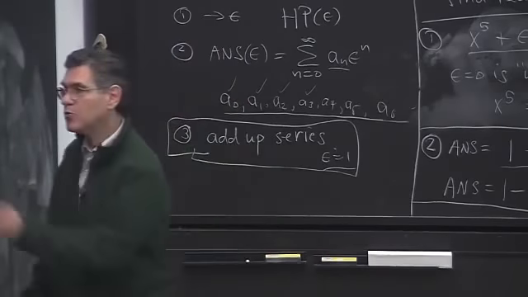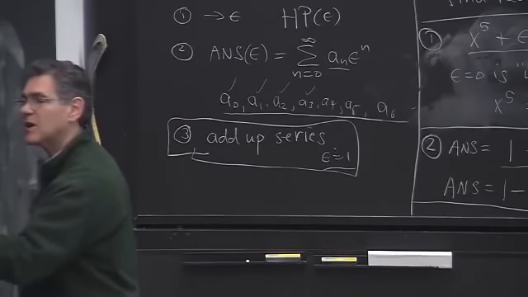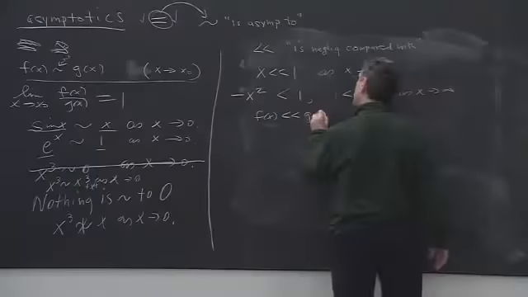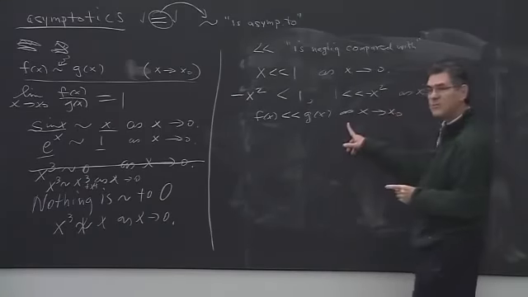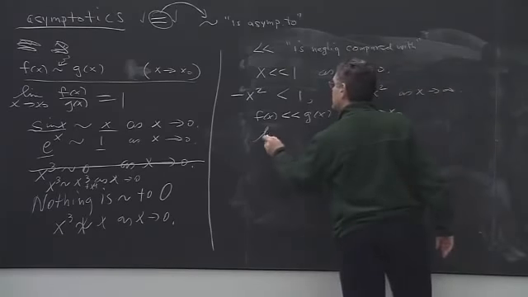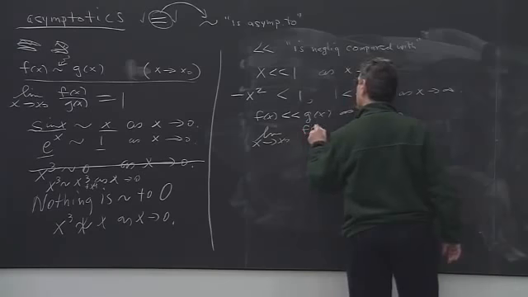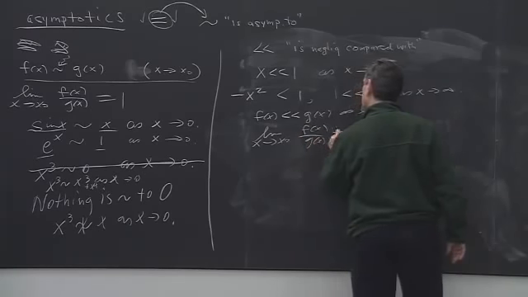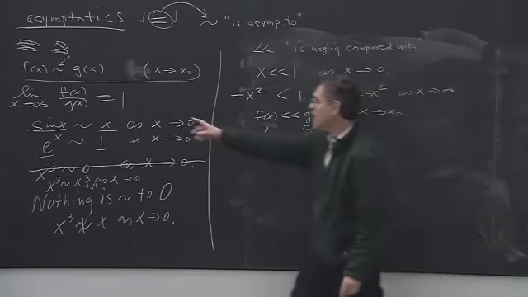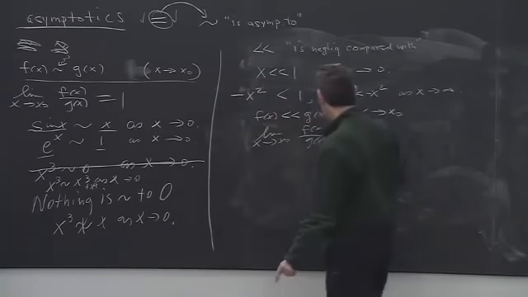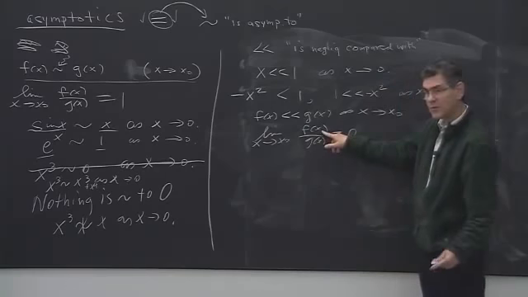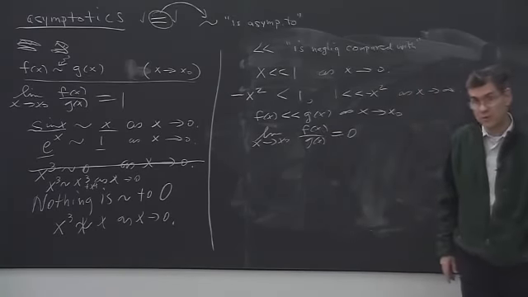It means when you say f of x is negligible compared with g of x as x approaches x naught, what this means is that the limit as x approaches x naught of f of x over g of x is 0. So over here, that limit is 1. So they're approaching each other. Okay. Over here, f is becoming negligible compared with the other because this ratio is going to 0. You understand?